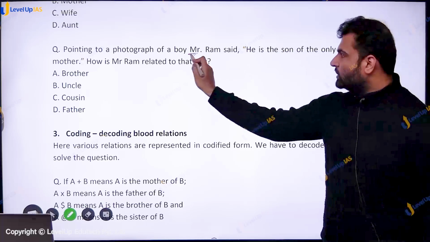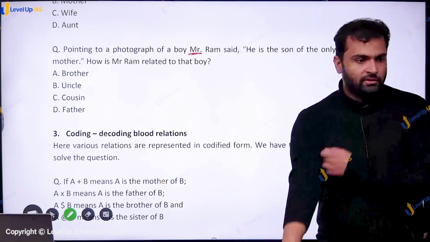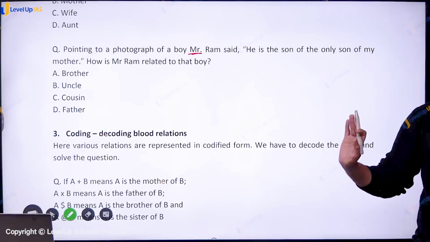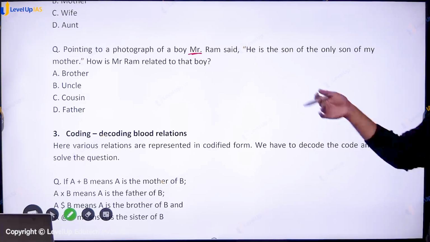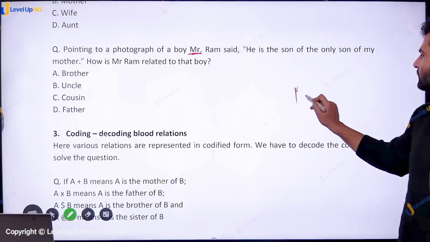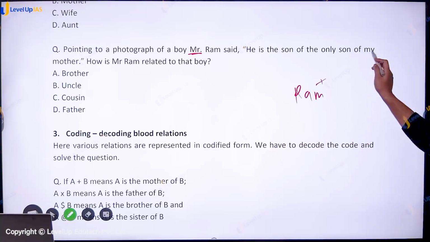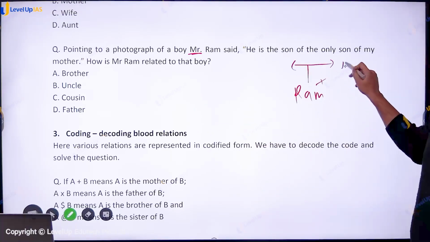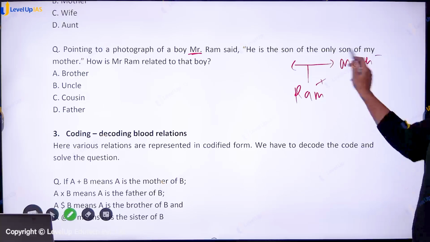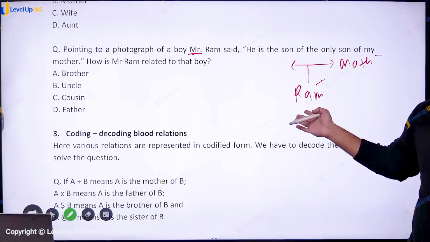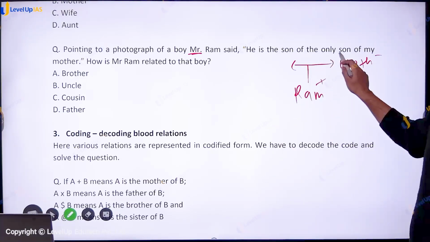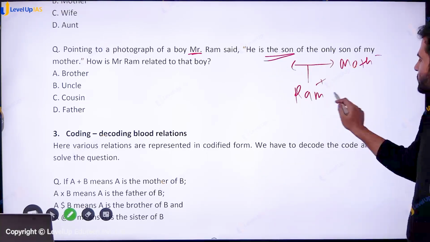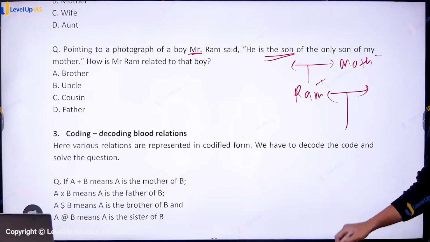And again, Mr. is there, so gender is known. ठीक है? राम की वजह से जेंडर नहीं पता है, मिस्टर की वजह से पता है, क्योंकि otherwise मिसेस लिखते हैं वो, जो भी हो, वरना कुछ लिखते ही नहीं. So there is Ram. See what he says? My mother, son of my mother. So Ram's mother, only son of Ram's mother would be Ram himself. Only son of my mother, and he is son of that son. So he is Ram's son. है ना?